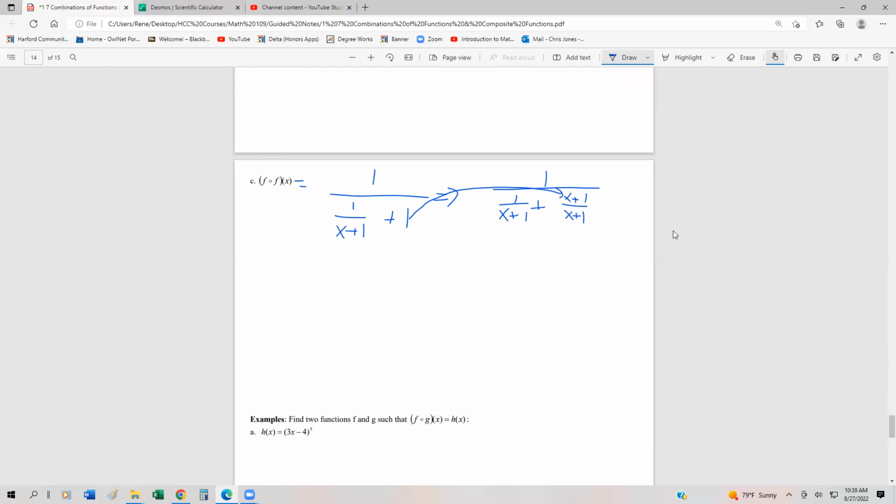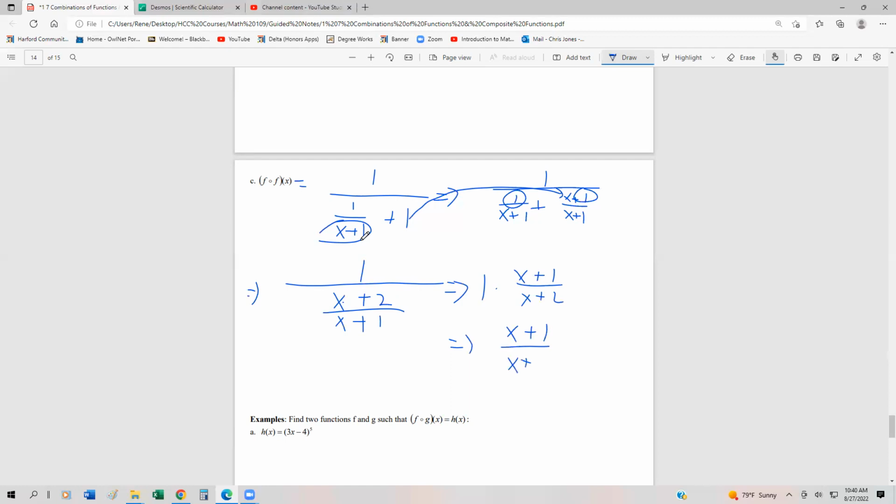The common denominator is x plus 1. This is going to turn into 1 over x plus 2, over x plus 1. Then finally, we multiply by the reciprocal. So we get x plus 1 over x plus 2.